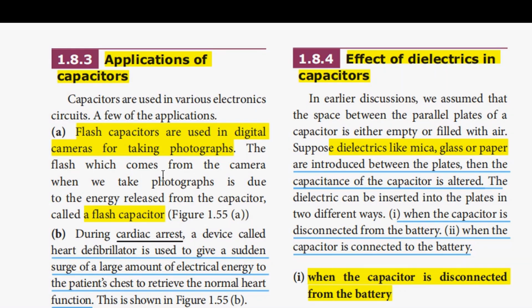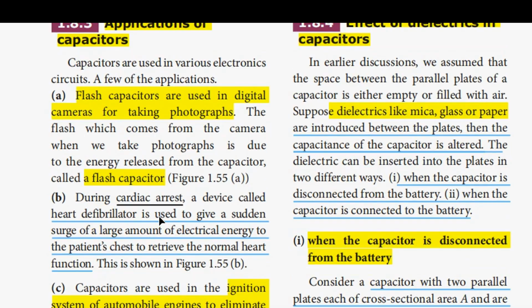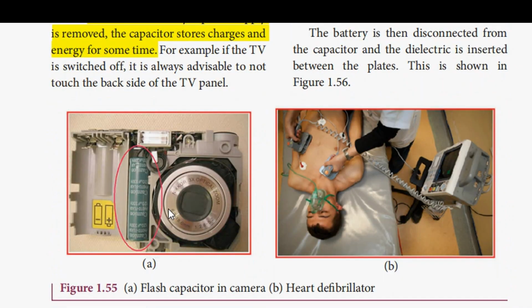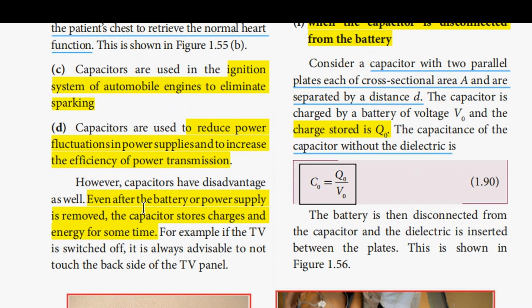The flash which comes from the camera when we take photographs is due to the energy released from the capacitor, and that's called a flash capacitor. That's given in 1.55a here. So this is the flash capacitor present in a camera.